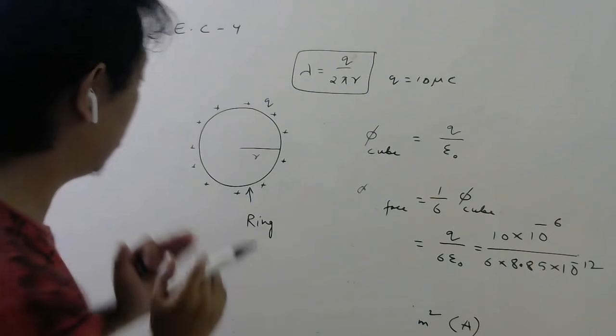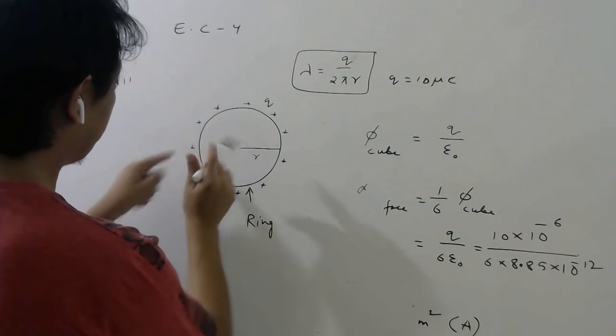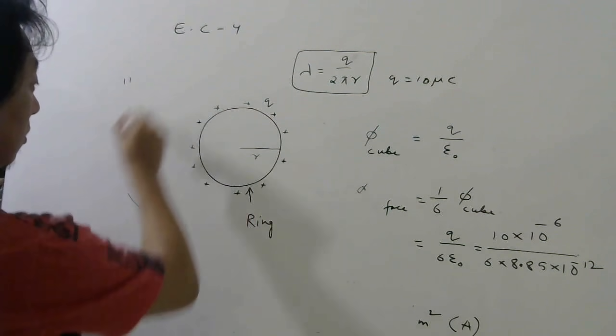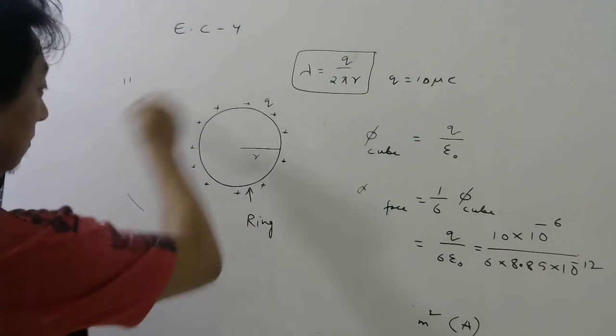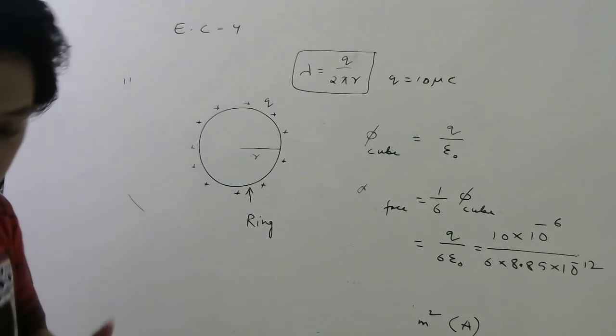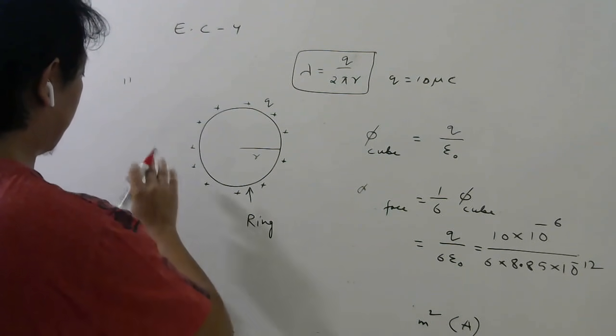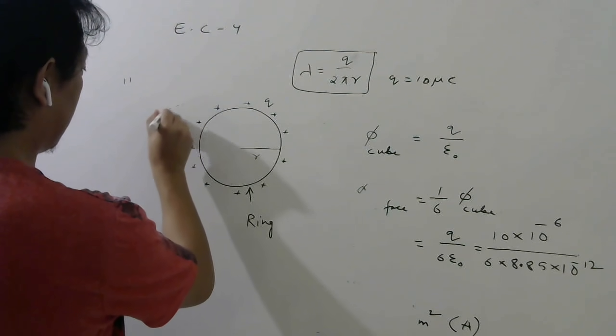It should be somewhat like this. I can draw big also, no? With center here. But they say the radius of the sphere should be the same as the ring's radius. So let me construct the sphere this side.